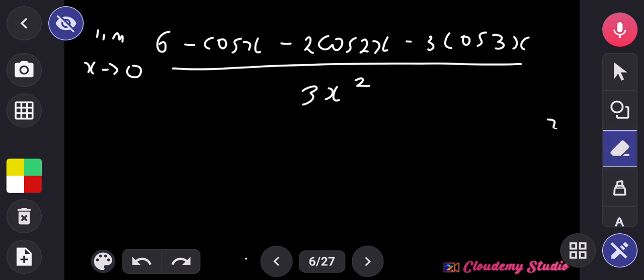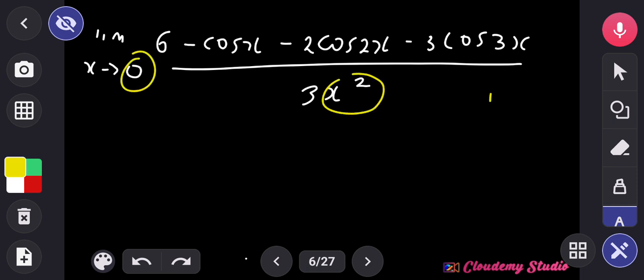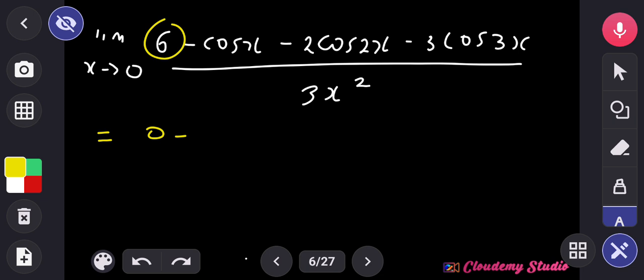Now, if you look at it very well, if we still input 0, we are still going to have 0 at the denominator, and anything divided by 0 equals an undefined answer, which means we are not there yet. We are still going to differentiate again. And let us keep differentiating. Now, in differentiating again, this 6 becomes 0. That will be 0 minus this cos x becomes minus sin x.